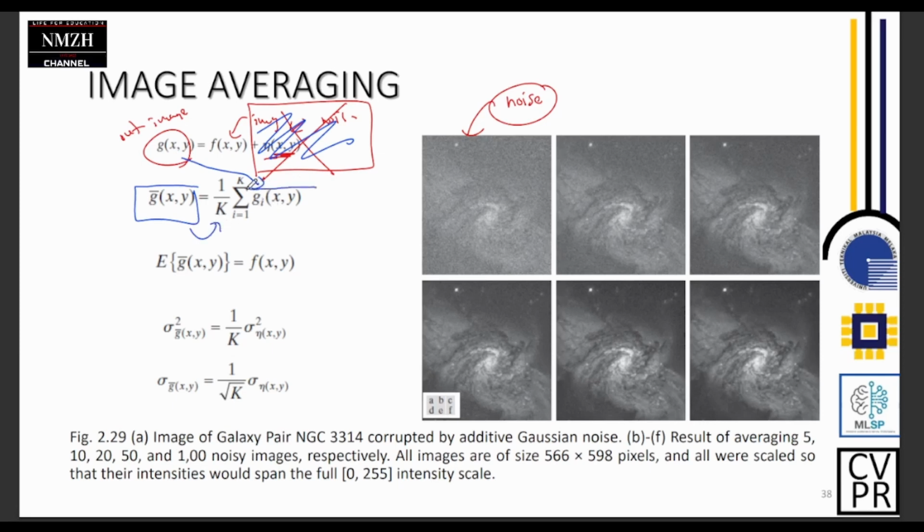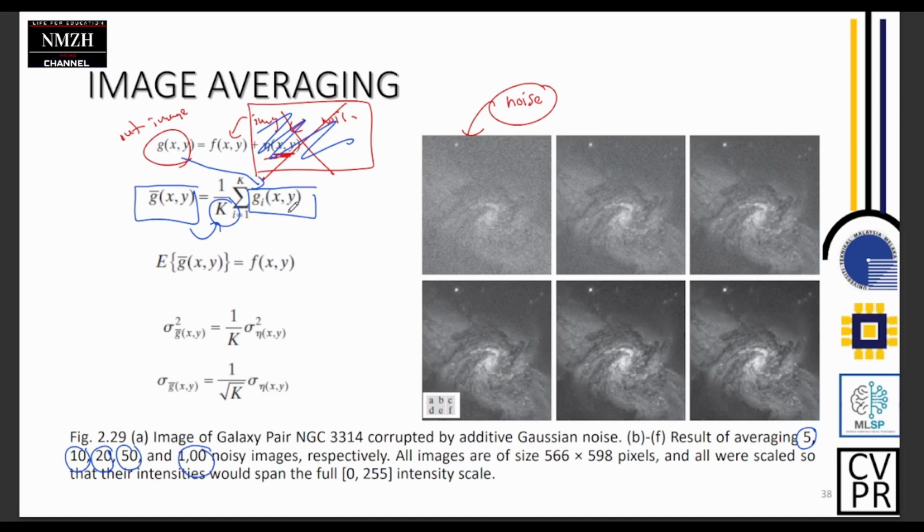By having a new product of averaging the distorted images, K depends on how we set the value as a constant: 5, 10, 20, 50, and 100, for that particular noisy image.